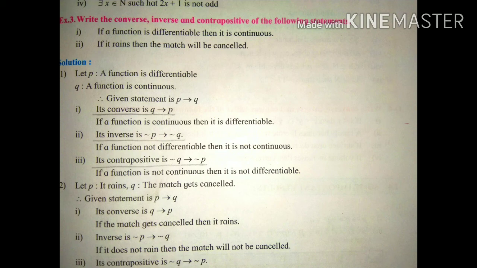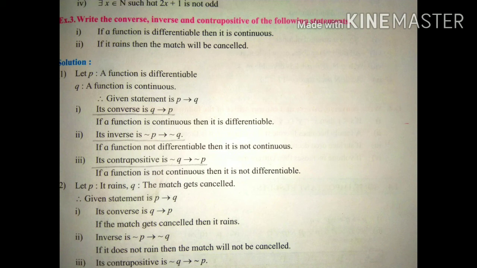The first example, if a function is differentiable, then it is continuous. Remember student, the converse, inverse and contrapositive statement is applied only for conditional statement, that is in terms of if and then statement.